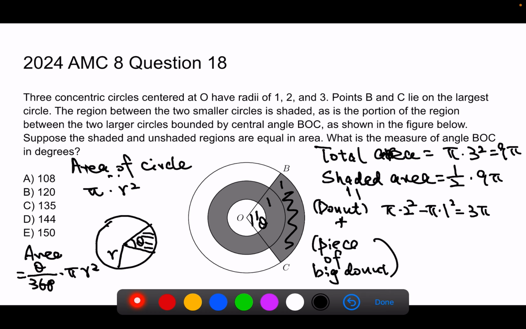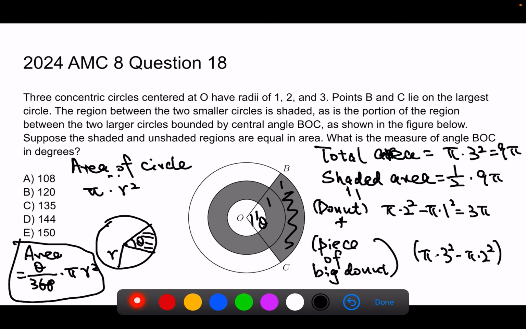Now the piece of donut. This is where you need to use the relationship I'm talking about here. You want to find out the big donut first, which is actually a similar strategy. It's going to be pi times 3 squared minus pi times 2 squared. That's a big donut, right? 5 pi.